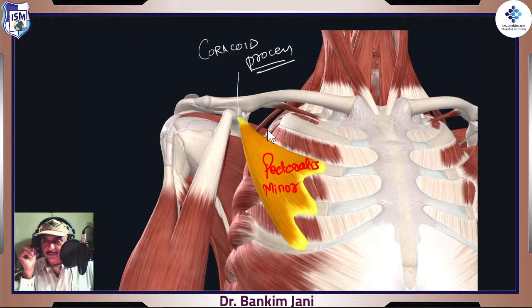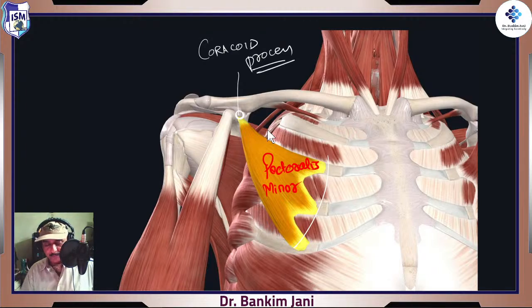If I ask you which are the structures attached to coracoid process, immediately your answer would be that pectoralis minor, a fan-shaped muscle, is inserted at the coracoid process, right? It is inserted at a smaller point, however its base is bigger. So this is the muscle which will actually give power, because it has a big fan and then lands on a small spot.